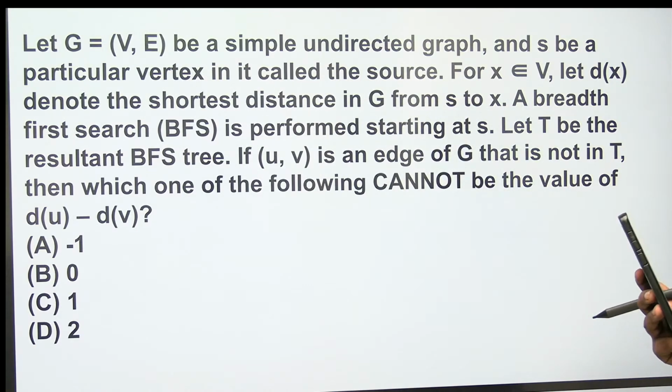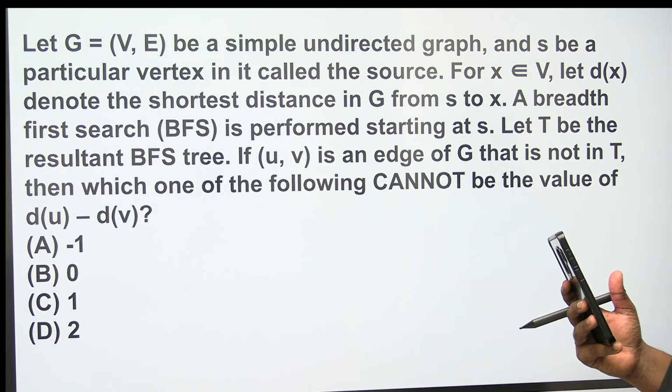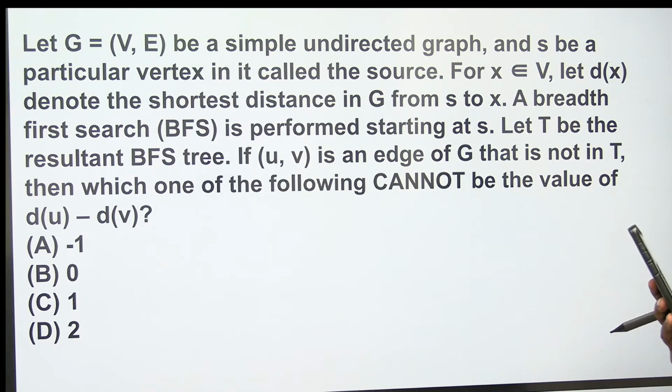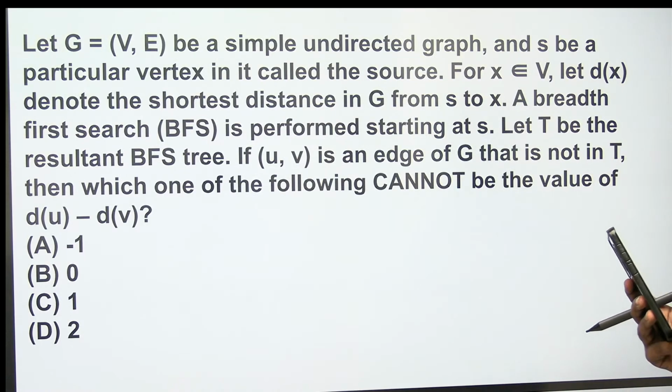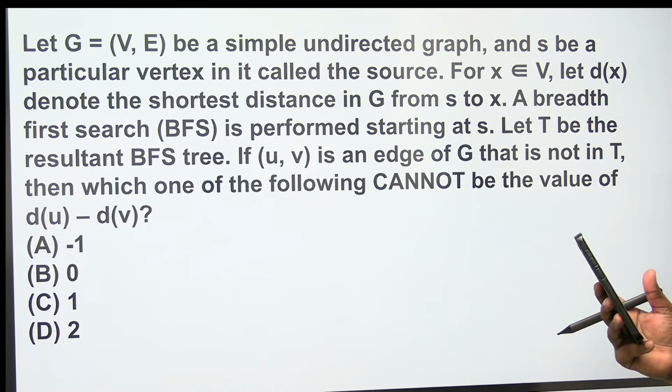So BFS is also called level order traversal, right? So in BFS, when you say d(u) minus d(v), what is the meaning of d(u)? He said already. Let S be a particular vertex in it, called the source.